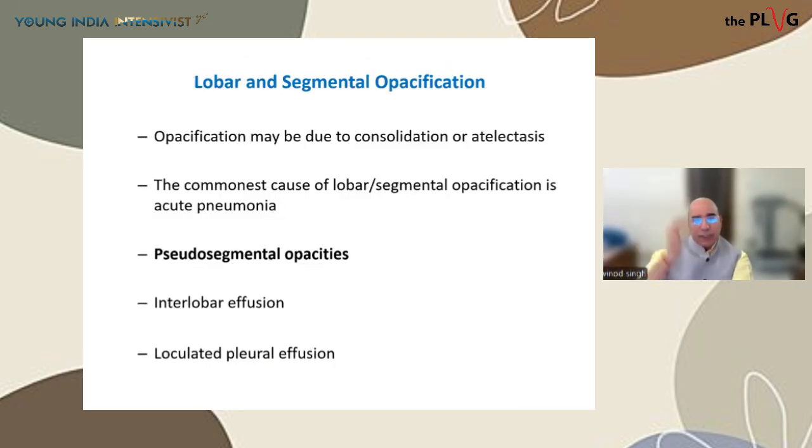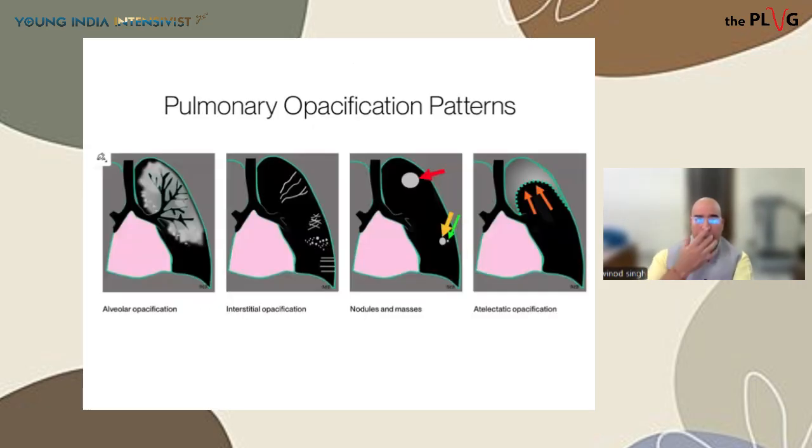So what happens if there is a lobar or segmental opacification? It is mostly due to consolidation or atelectasis. It is the commonest cause of pneumonia. Sometimes you will have a pseudosegmental opacity also. Many times you'll find interlobar effusion, particularly in the right side interlobar fissures, and also sometimes a loculated pleural effusion. So pulmonary opacification patterns you can recognize.